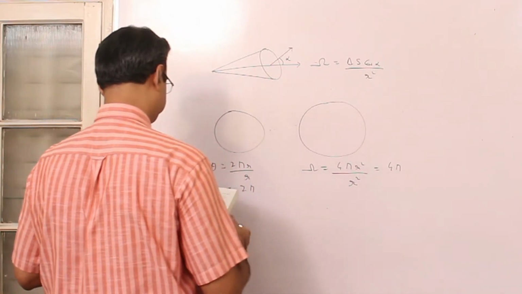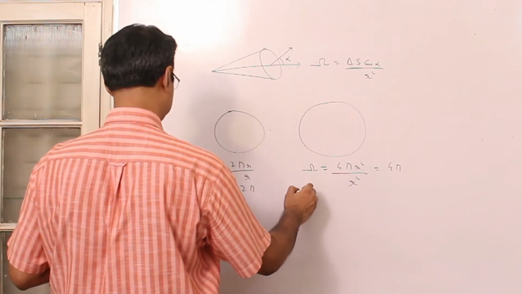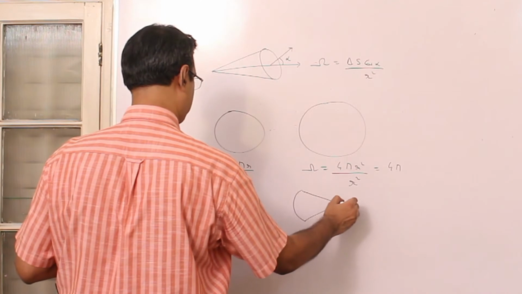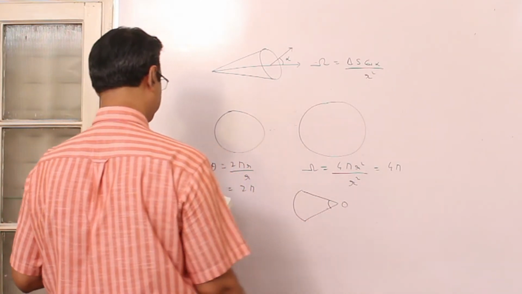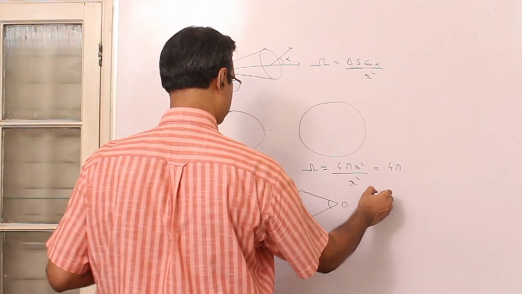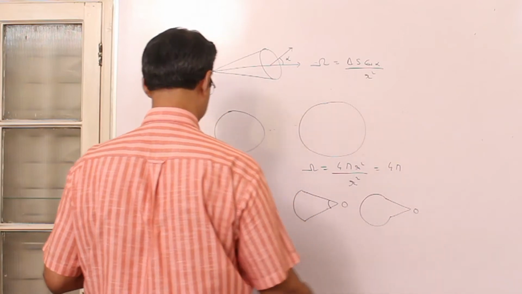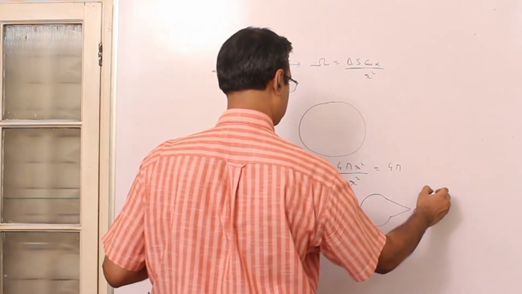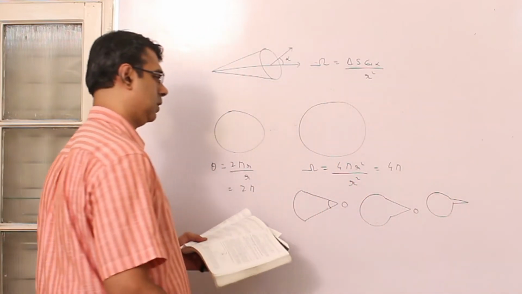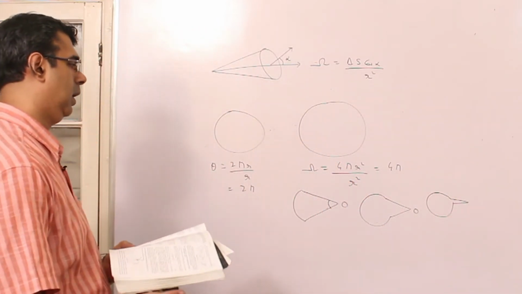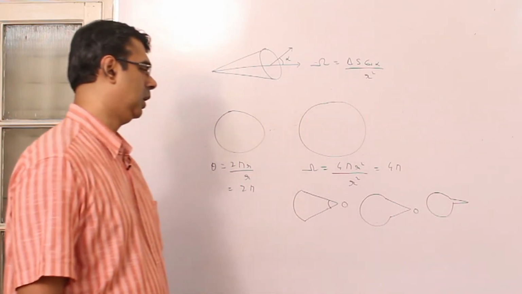Now, suppose you have a plane curve and there is a point outside like O. So this is the plane angle. Now, if you start closing the curve, you will see that the plane angle will start decreasing, and eventually the plane angle will become 0.